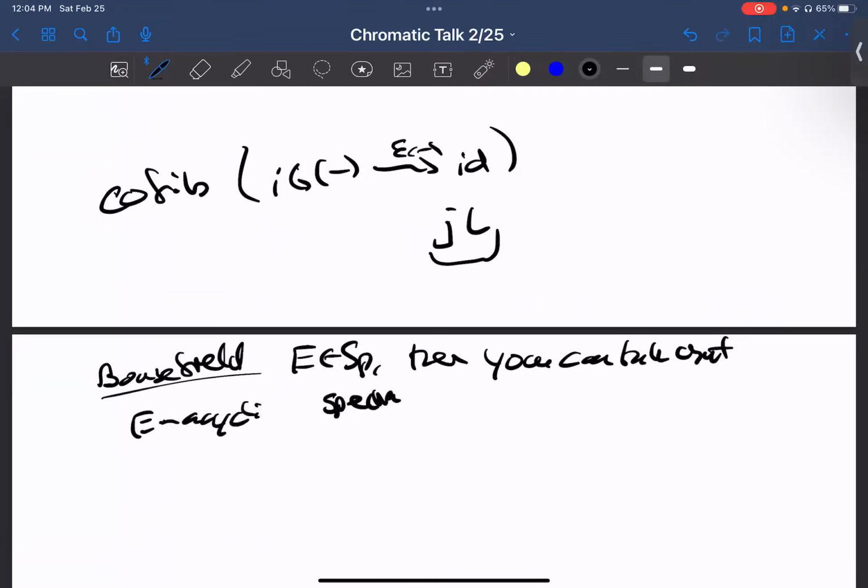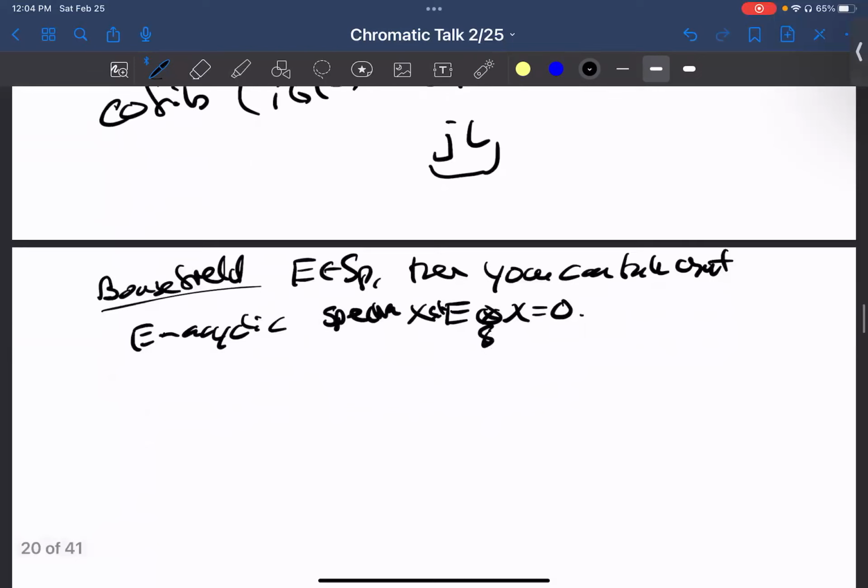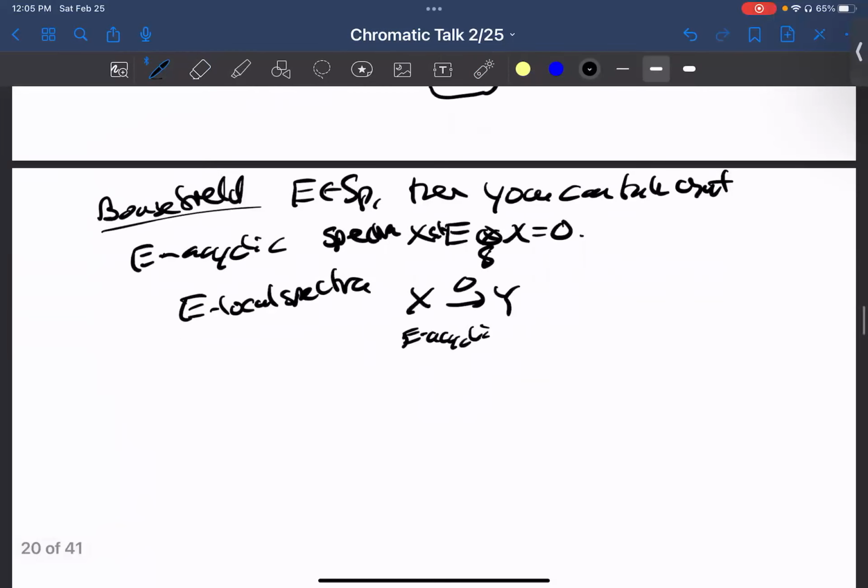So this is just the kernel of smash product with E. So these are X such that if you tensor E with X, you get 0. And then you can talk about E local spectra as those such that if we have any E acyclic spectrum mapping to it, then this map is 0.